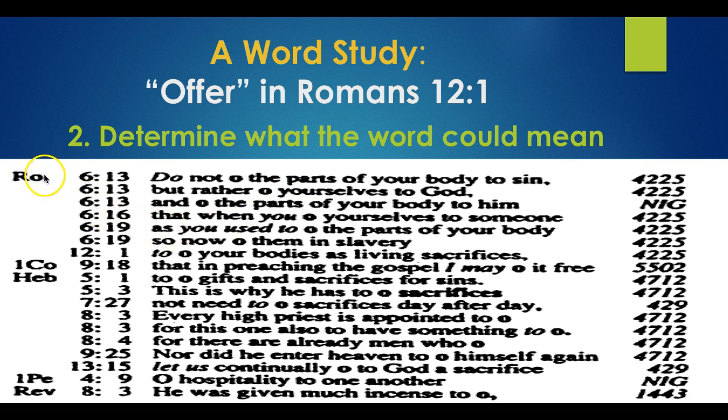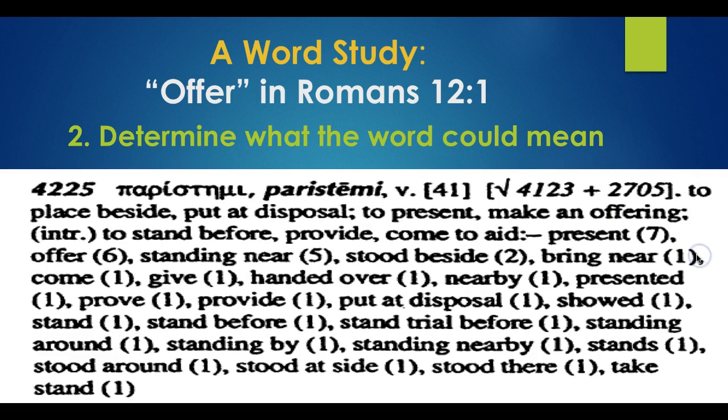We're going to scroll down until we get to Romans 12. There's Romans. There's 12:1. And we're going to go all the way across until we find the number, 4225. Then we're going to go to the Greek section of the concordance and look up that number, 4225. Here's the word, peristemi.